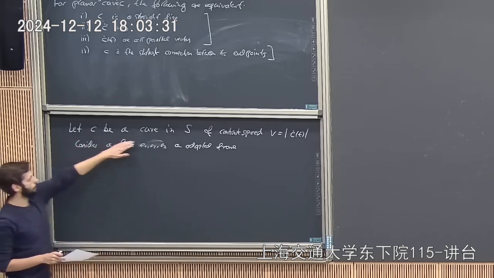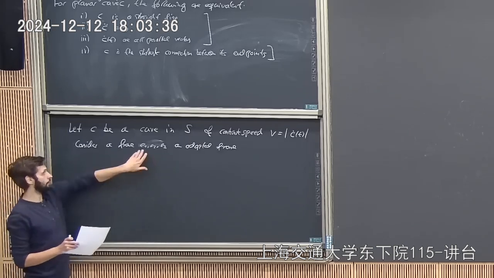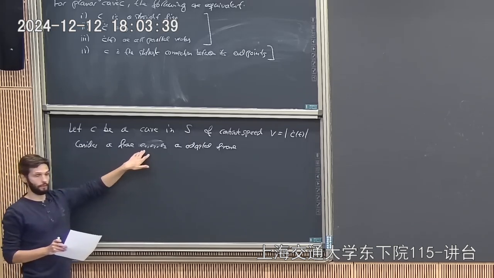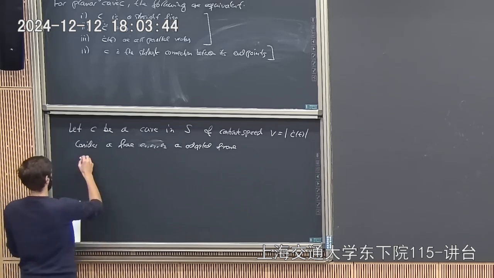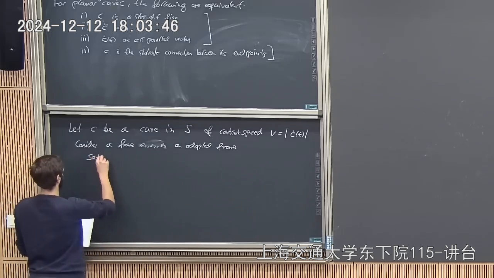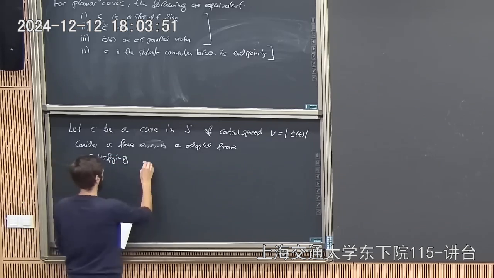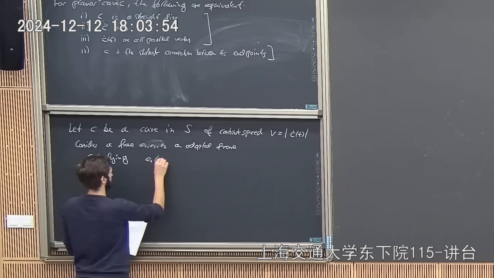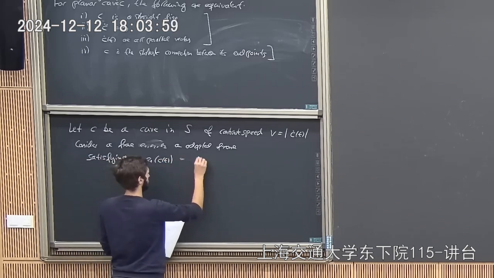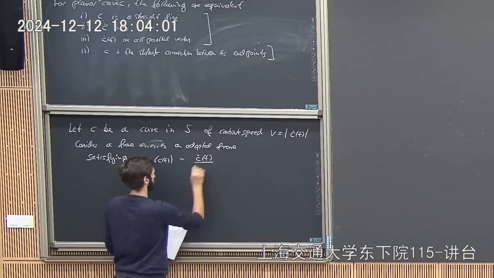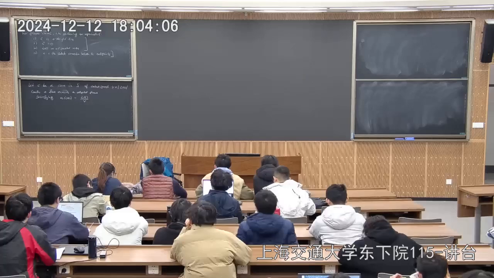But we also have a curve on S. So it would be natural to say that at least one of them, say the first one, should be connected to the tangent vector of our constant speed curve, satisfying the property that E1 at the point C of t is a scaled version, scaled by the speed, of the velocity.